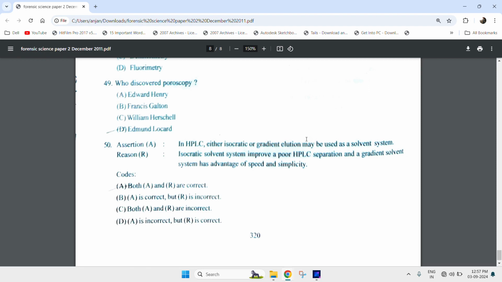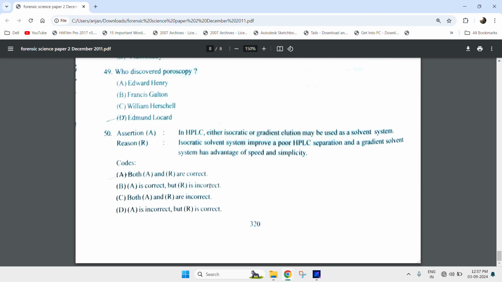Isocratic solvent system improves poor HPLC separation, and a gradient solvent system has the advantage of speed and simplicity. Both A and R are correct. Thank you.